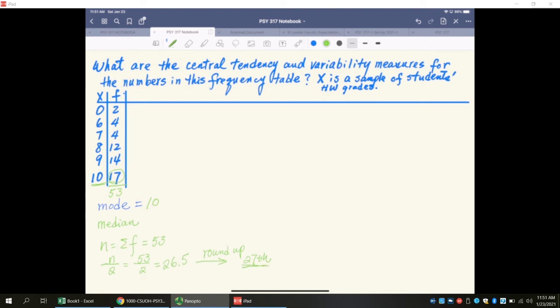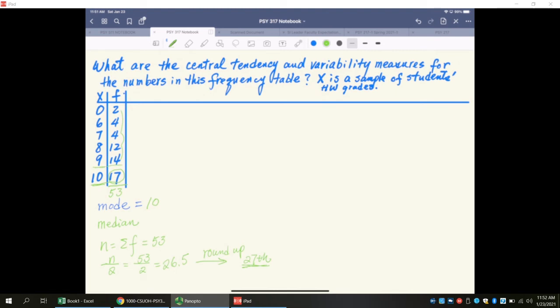So let's see: 2 plus 4 is 6. 6 plus 4 is 10. 10 plus 12 is 22. It's not 27 yet, so you have to add the next frequency, and you see that the 27th position is going to be in this category.